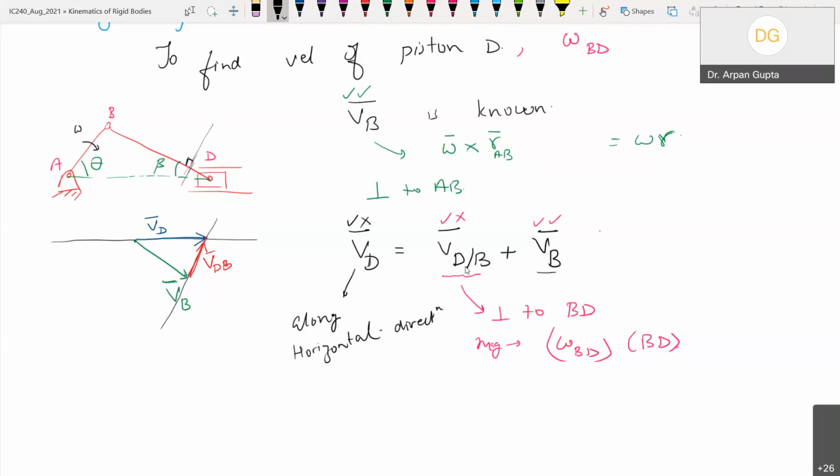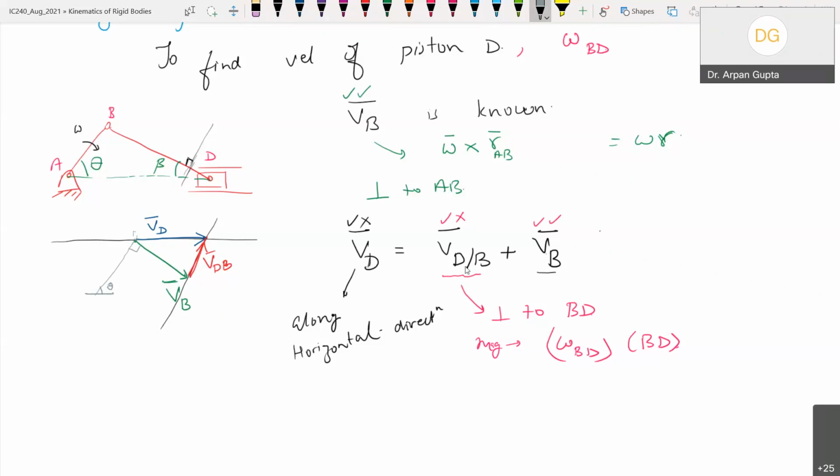Either you can draw it and get a geometrical solution, or we can even see the angles. So if you want to see the angles, let us see the angles. This gray line is perpendicular here, and this angle is theta.